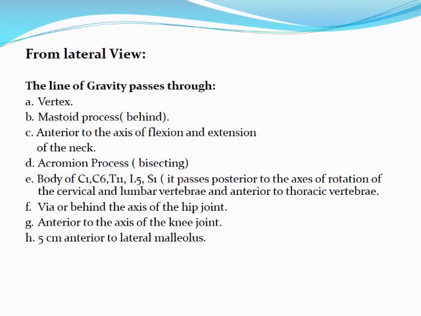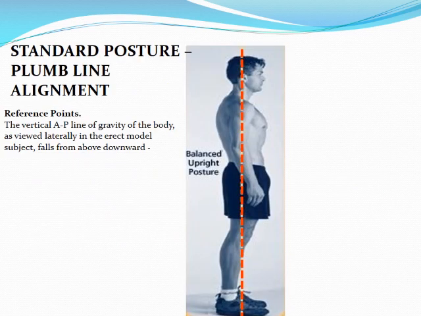So, as discussed, these are the respective points to be analyzed using the plumb line analysis for standing posture in the sagittal plane.